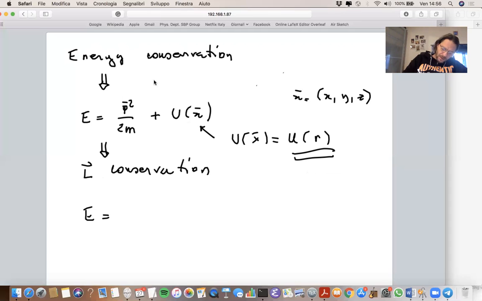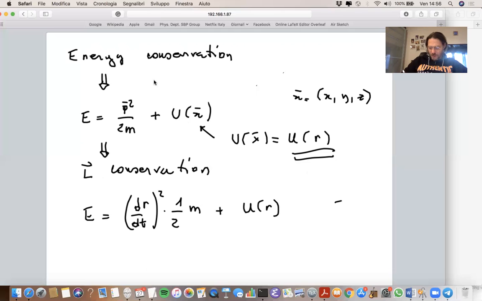And what we noticed is that the kinetic energy could be written in a simplified form, which involves only the time derivative of the radius and the potential, and the angular part of this kinetic energy could have been written in this form, which looks like a potential.